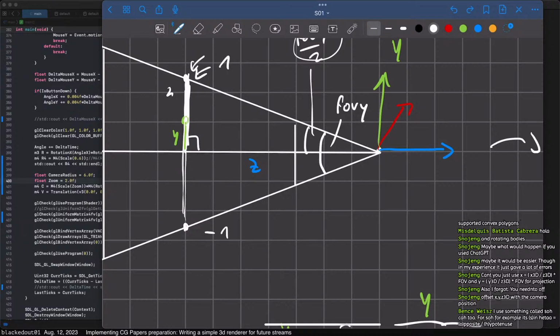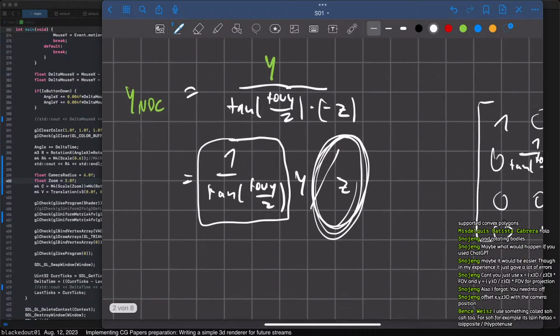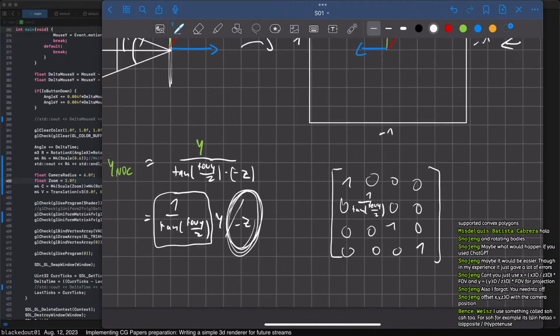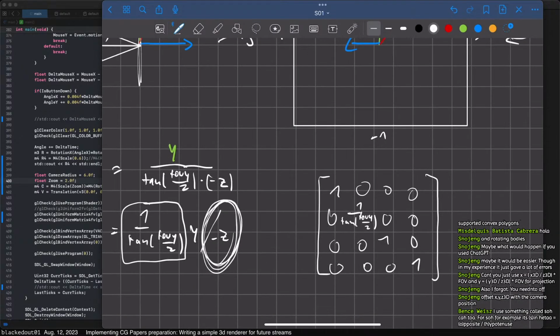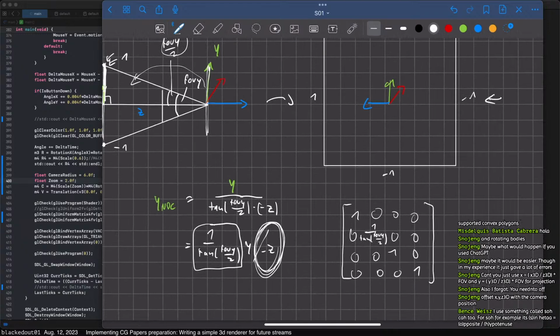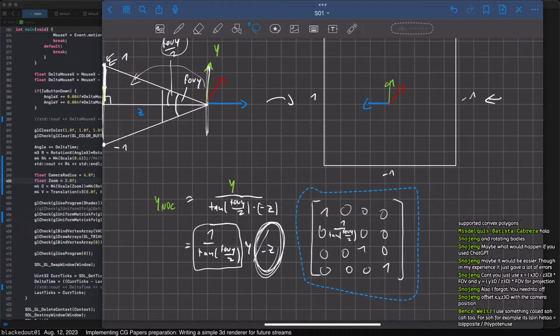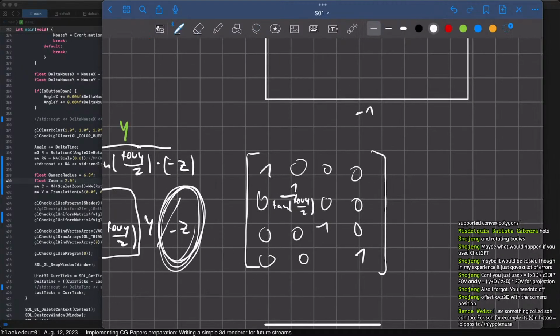If the point lies in front of the camera, the axis value will be negative, and to make it positive again, we divide by negative z. Okay, so again, we divide by negative z, and this is again where we want to use homogeneous coordinates, because this way we put a -1 in here.